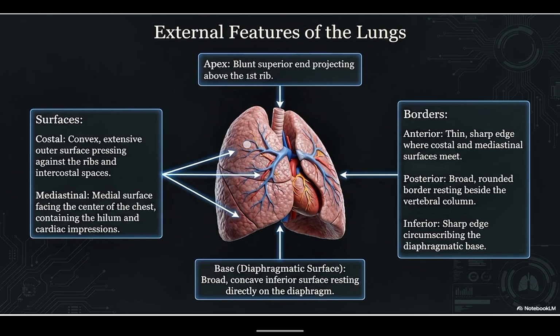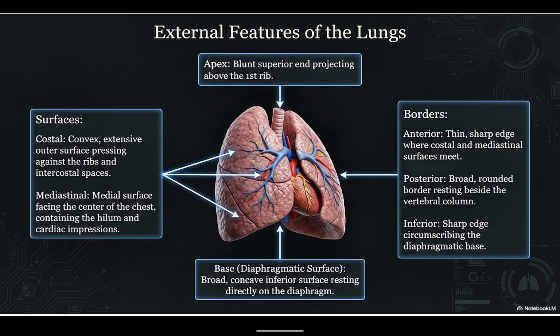The surface of the lungs, which is this anterior surface, facing the sternum and the ribs, is what's called the costal surface. While the mediastinal surface is the surface facing the heart.